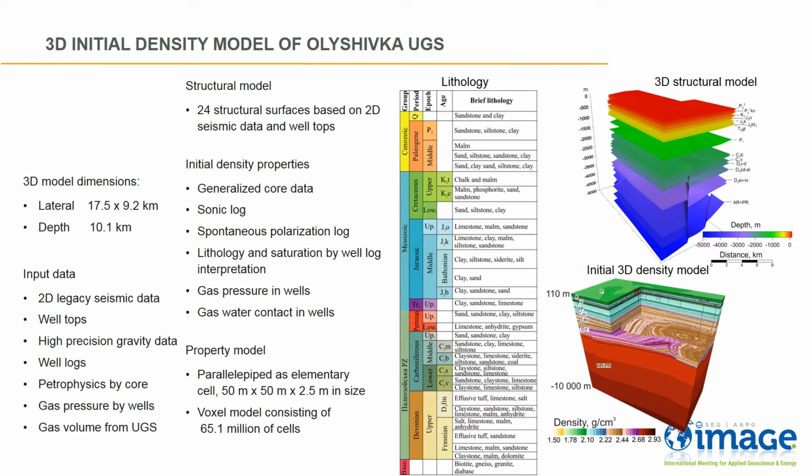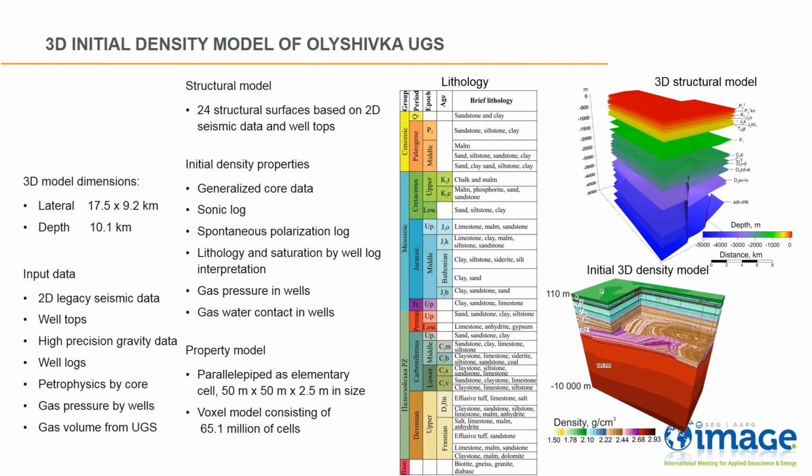The 3D density model consists of 65 million cells with planar dimensions 100 by 100 meters, and vertical size 2.5 meters. Planar 3D model dimensions are 17.5 by 9.2 kilometers.